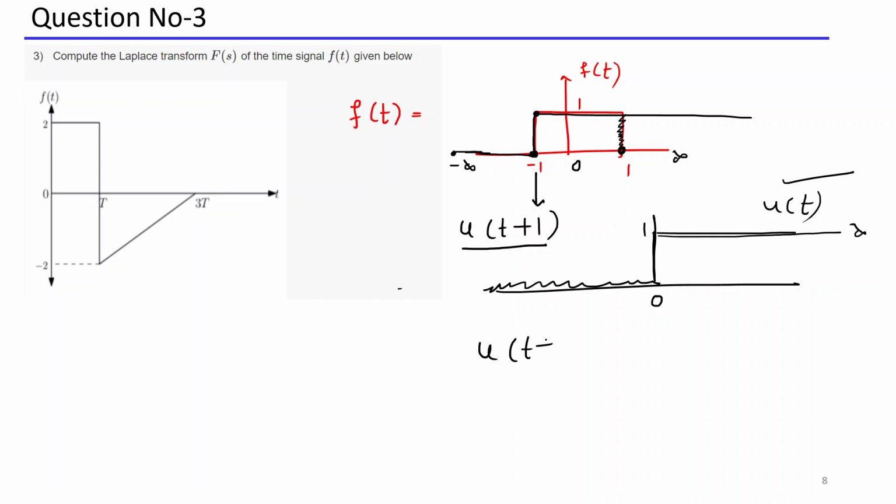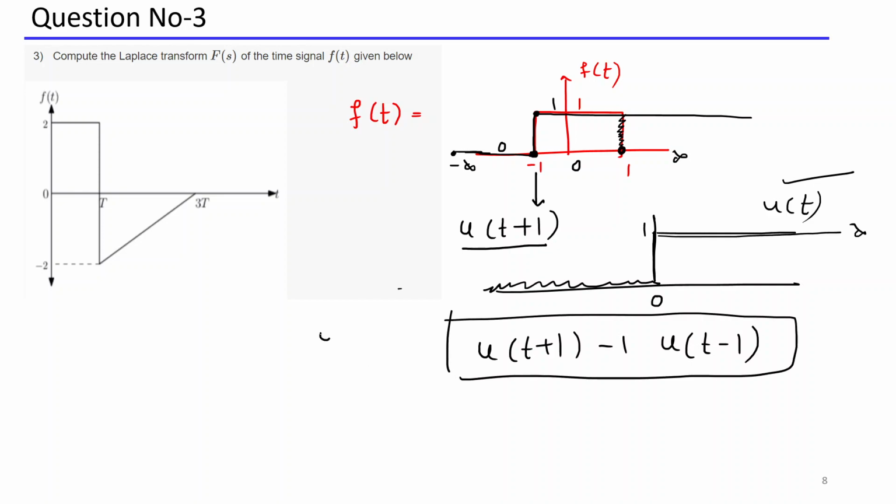So u of t plus 1, and at another time, you just see your height has increased from 0 to 1, sir. Here your height is decreased. That's why you are decreasing by 1, so your height now becomes minus 1, right, sir? At this point, here now you are y of t. Got my point, sir?